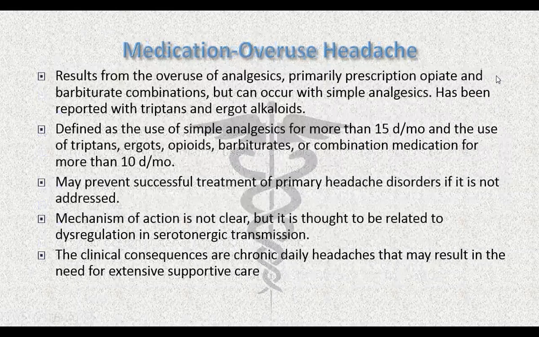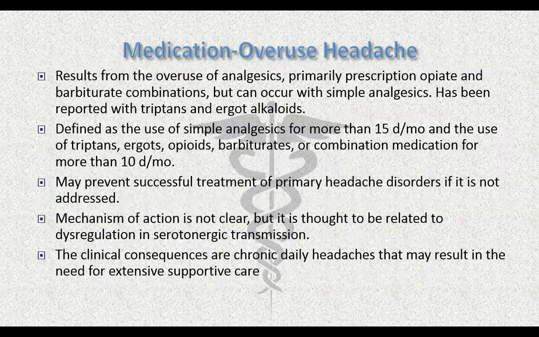So the very final side note for headaches, and something that you'll come across a lot as pharmacists, is medication overuse headaches. This is an example of why we're careful about recommendations for people taking painkillers.